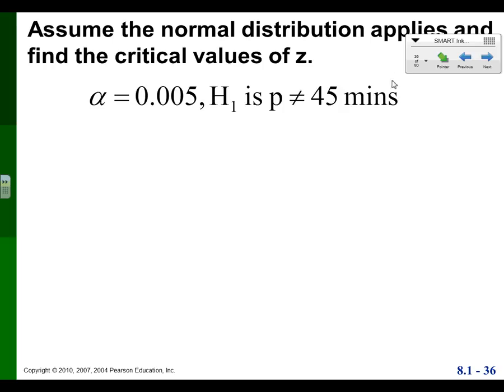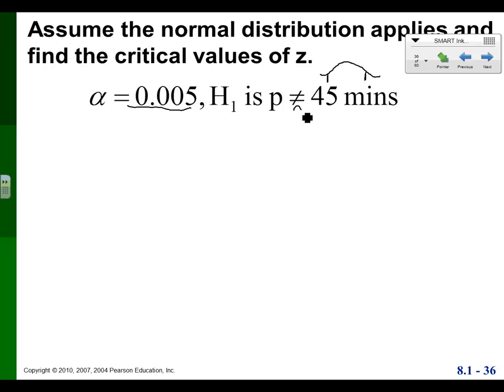Alpha is 0.005. P not equal to 45 minutes. The population proportion is 45 minutes. This one is known as a two-tailed test. Well, it's not equal to. So that means your alpha must be split up into both areas.